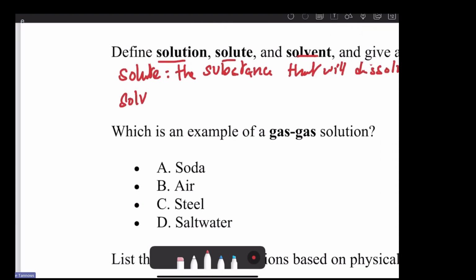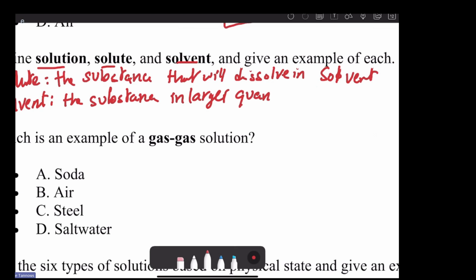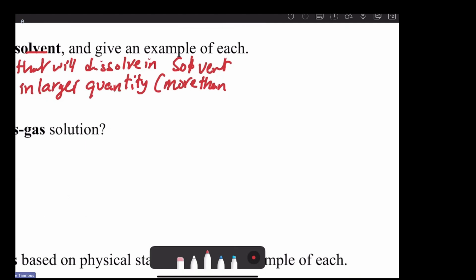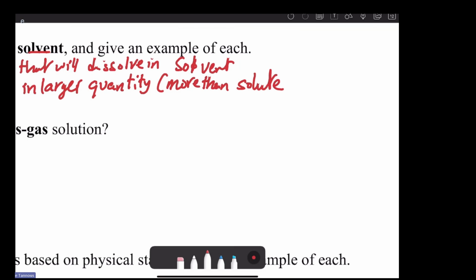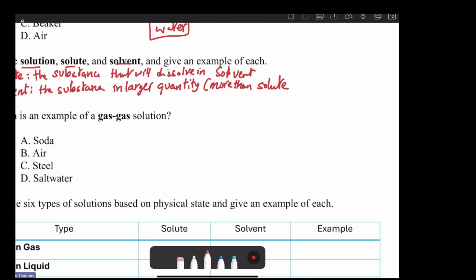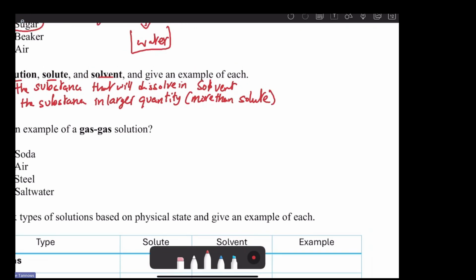The solvent is the substance that's going to dissolve the solute, the substance in larger quantity, more than solute. If it's hard to know which one is solute and which one is solvent, we just compare the amounts. The one that has more amount is the solvent, and the one that has less amount is the solute. So that's why I'm writing here more than solute for the solvent.